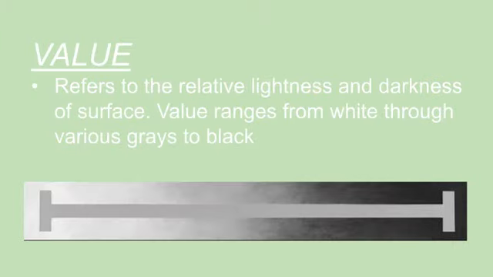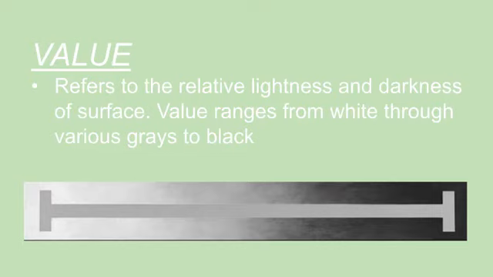All right, so now we come to the element of light. Again, we can be talking about implied light in paintings and drawings and even in photographs, or we can be talking about light as an actual medium to create art. But before we continue, we need to talk about value a little bit, because value and light go hand in hand.